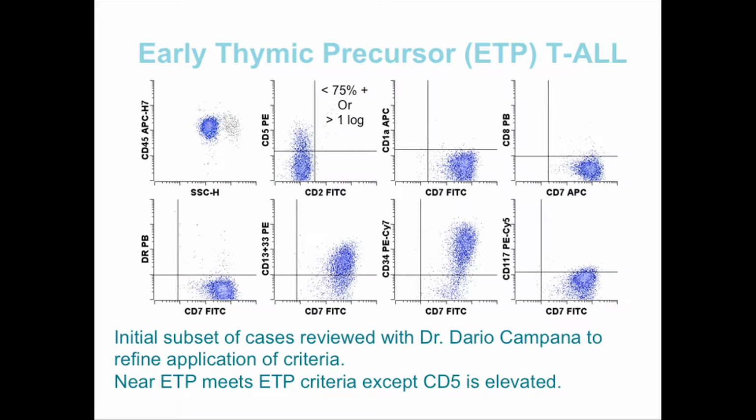So we correlated the assay that we were using with Dario Campana's assay, reviewing cases in parallel to make sure we were employing his criteria similarly, and during that process recognized that in addition to these early thymic precursor, or ETP, cases, there's another subset of cases that we called near ETP that met all of these criteria except they had a higher level of CD5 expression. We didn't know what the significance of that was, but it was operationally convenient to put them in this category so we could keep track of them while we were doing this analysis.